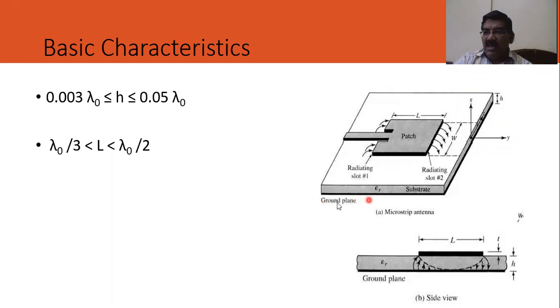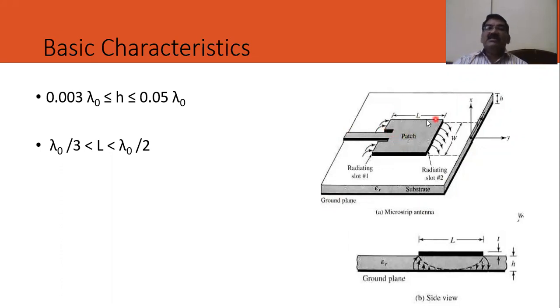And this is the ground plane, the thick black line, the copper plate. In a double sided PCB, the ground plane is the complete PCB structure on the bottom side, completely copper, and the top side structure is designed depending upon your requirement of the resonance frequency.